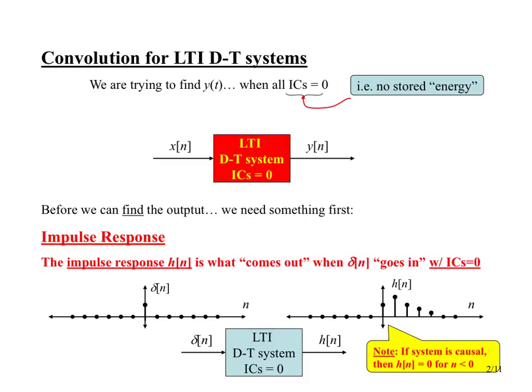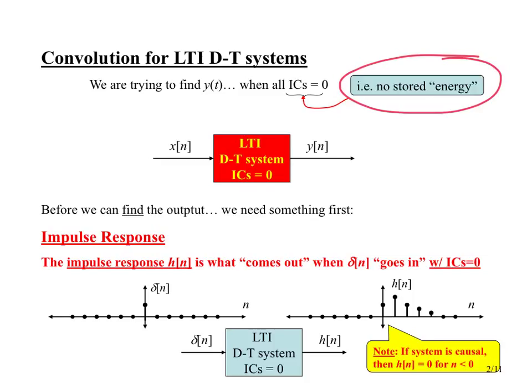So we've got a system, and we're going to talk about there being the initial conditions set to 0. And in the continuous time version of these things, we talked about that meaning there was no energy stored in the system. If it were a circuit, we'd be talking about no energy stored in capacitors or inductors. If it were a mechanical system, no energy stored in terms of momentum or stored torque or anything like that.